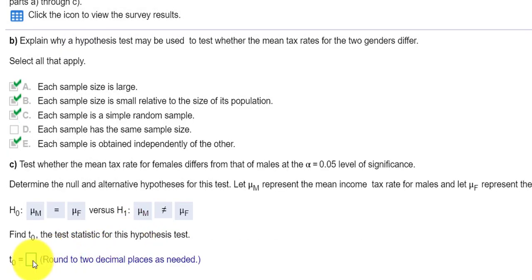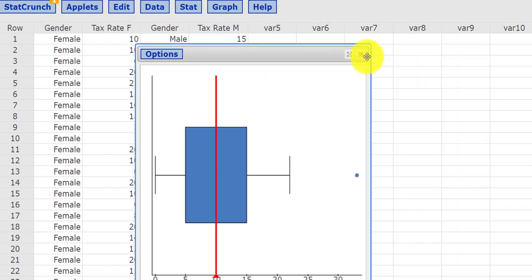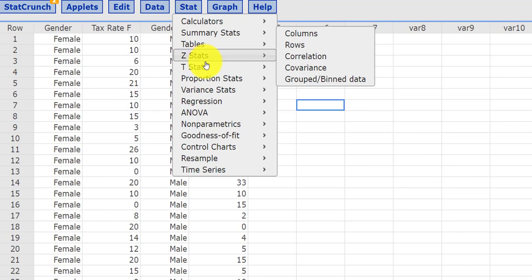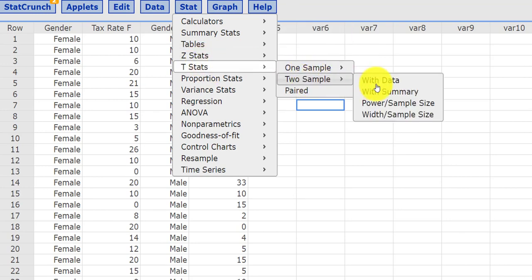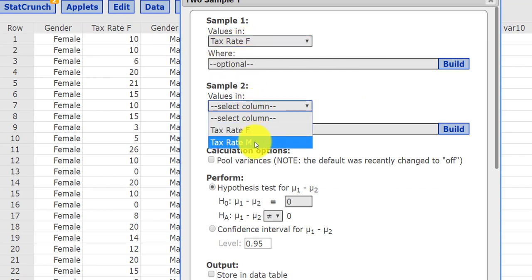Next, it says find the test statistic. So if we take our data that's in StatCrunch, I'm going to close this, and I will do, again, T Stats. We have two samples with data, right? This was females, and remember, I added that little F there, so I know that that's tax rate for females, and this is tax rate for males.